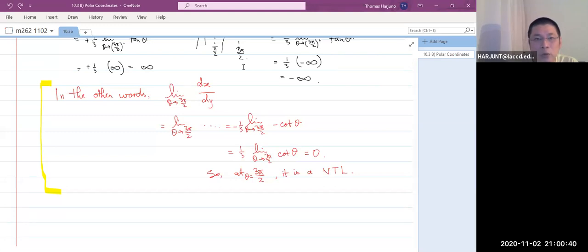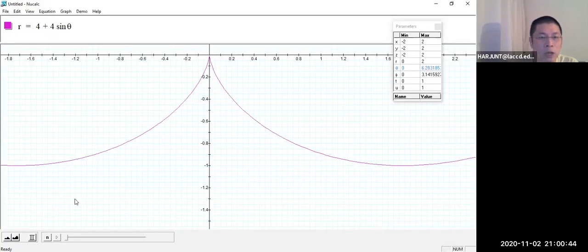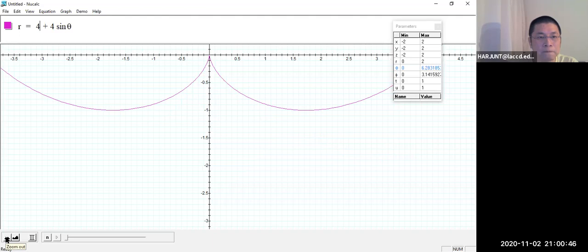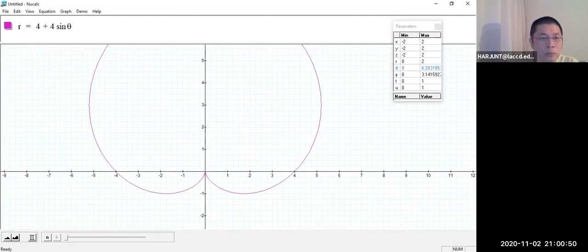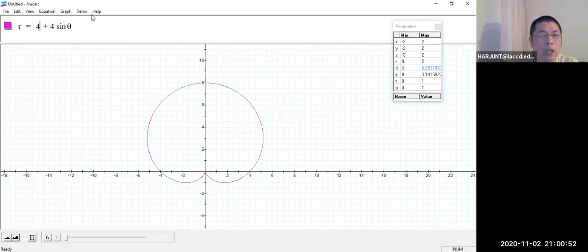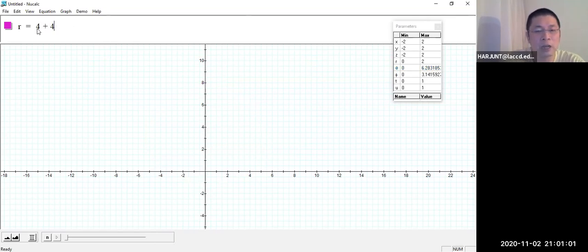Well, the reason I want to go over this is because you would see this a lot in your calculus 3 later on. What happens if I have, for example, double angle? Oh, we have not done cosine now. Oh, if I change this sine becomes cosine, that's what it looks like.